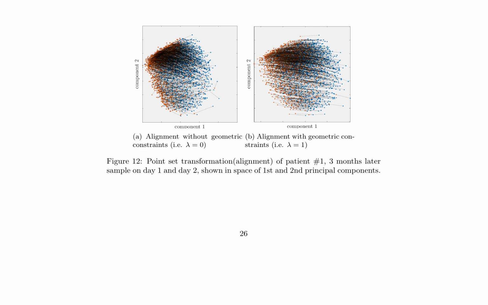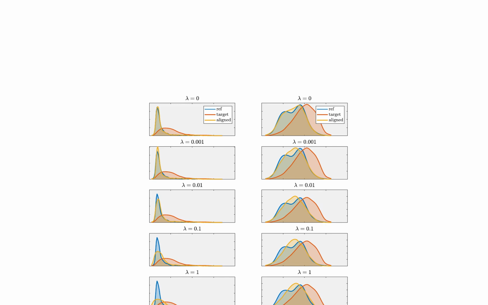These results provide visual evidence for the effectiveness of the proposed method in aligning point sets while accounting for geometric constraints, and demonstrate its potential in capturing temporal changes in biomedical data. Figure 13 presents the marginal distributions of CD28 and GZB proteins, crucial for understanding the behavior of the proposed Bayesian nonparametric model.